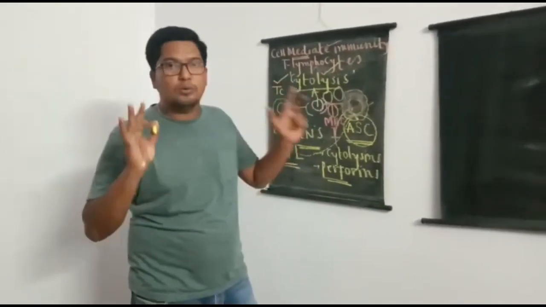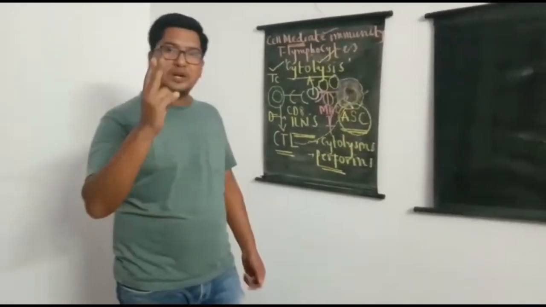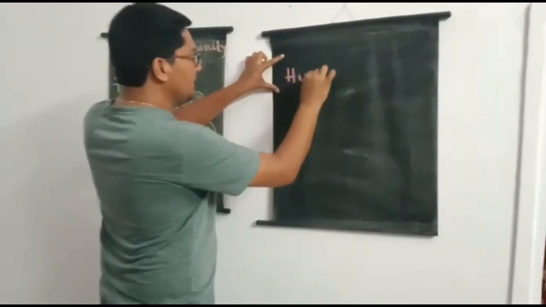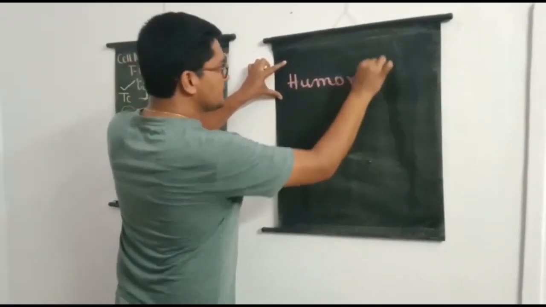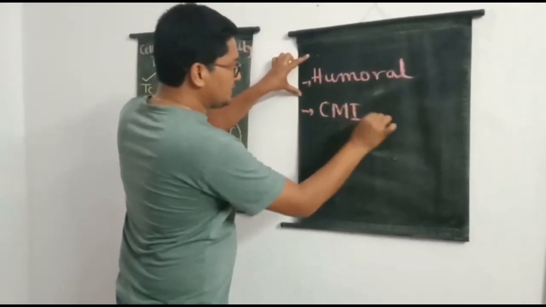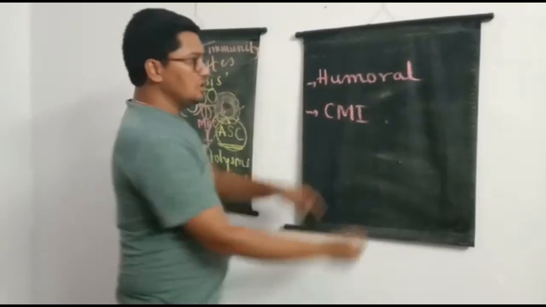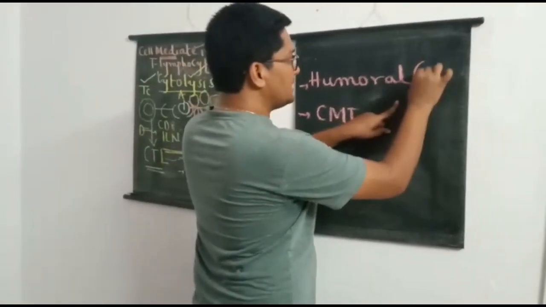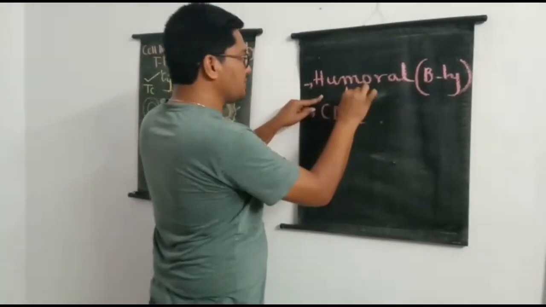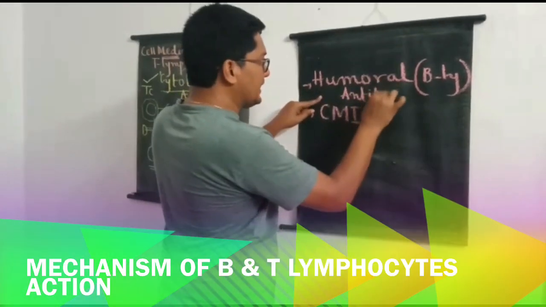So this is how we are offered two important types of immunity. What are the two important types of immunity? I already told you, that is humoral immunity and cell mediated immunity. So broadly speaking, who offers us humoral immunity? B lymphocytes. By what? By producing antibodies.